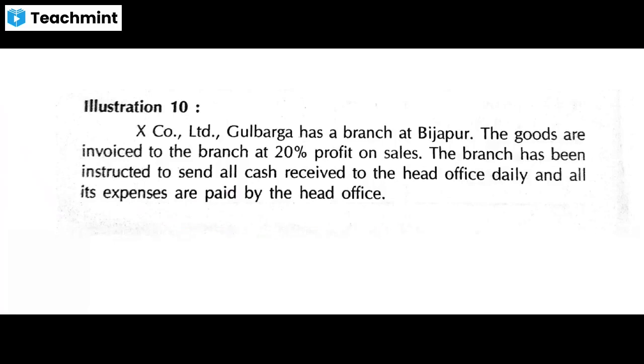That means the head office sends the goods at 20% profit on sales, that is invoice prices. And all the cash received by the branches will be remitted to the head office, and the head office pays the expenses.